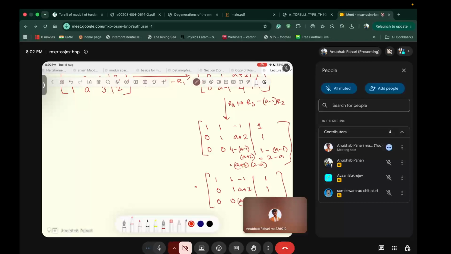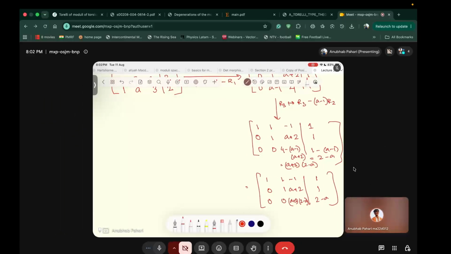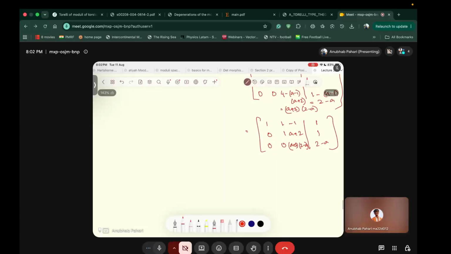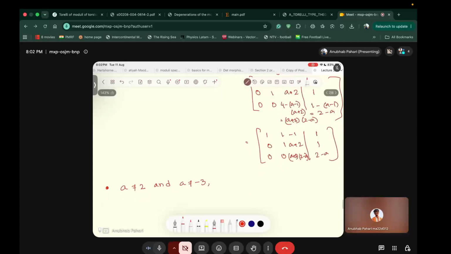Now, again there are several subcases to follow. Subcase number 1 is, what if a not equals 2 and a not equals minus 3. What I am trying to gain is to make them invertible, to make them non-zero numbers.